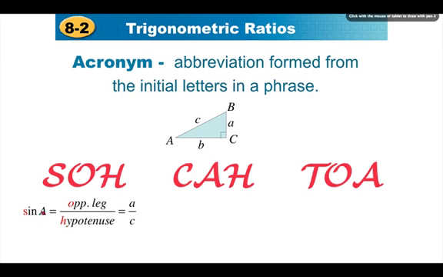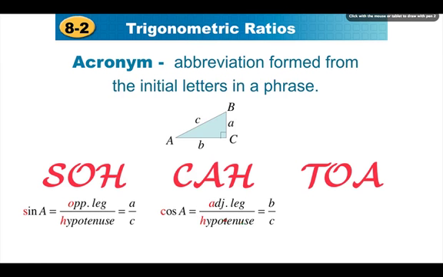If you want to compute just using this triangle, sine of angle A, again the opposite leg is little a, the hypotenuse is still C, so that's why you have A over C. CAH stands for cosine adjacent leg over hypotenuse.